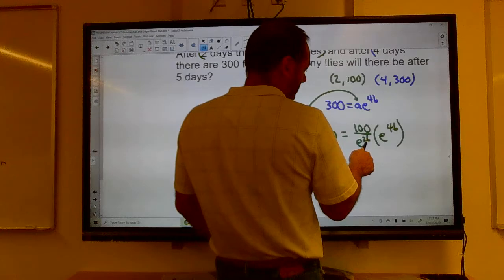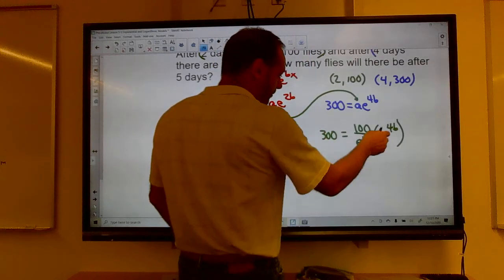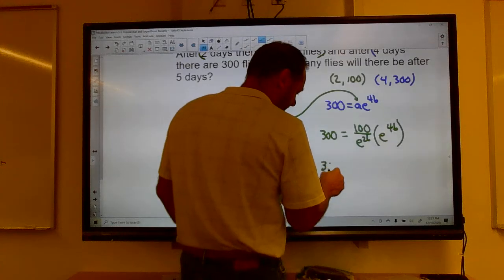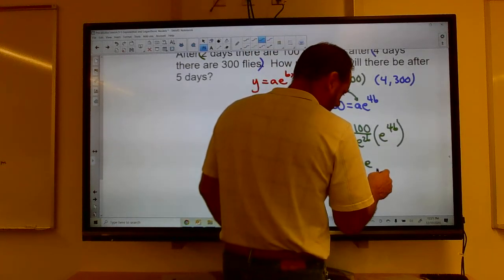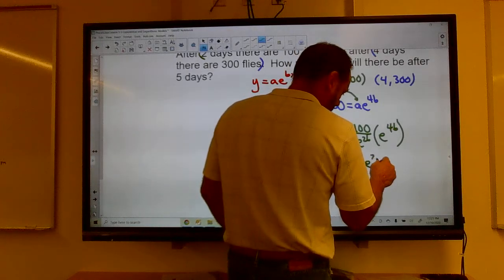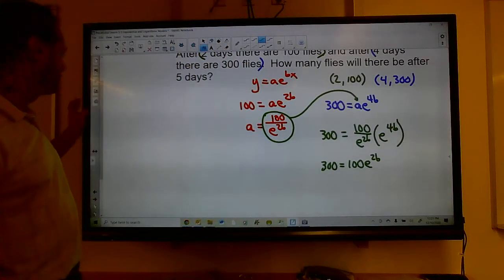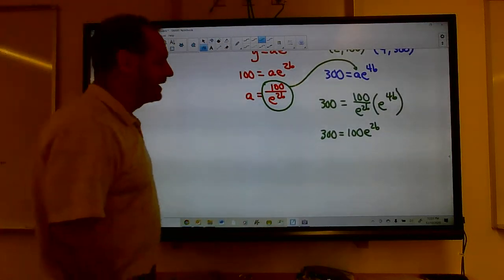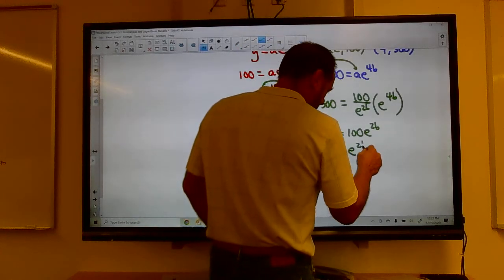Now, this e to the 2b in the denominator is going to cancel with the one in the numerator here. And I'm going to subtract my exponents, so 4b minus 2b is 2b. And now I can divide by 100, so 3 is going to equal e to the 2b.